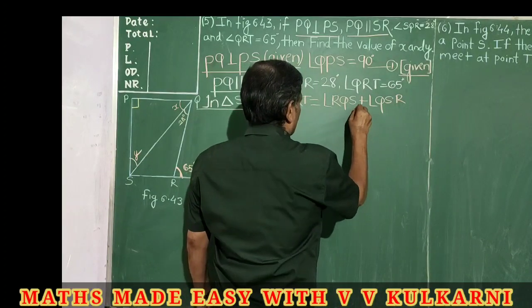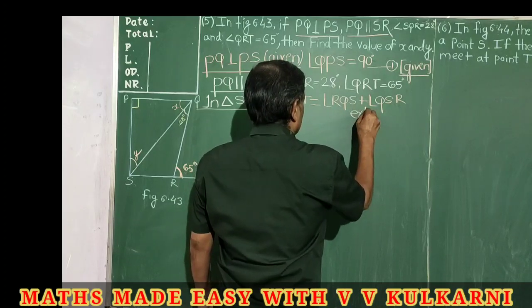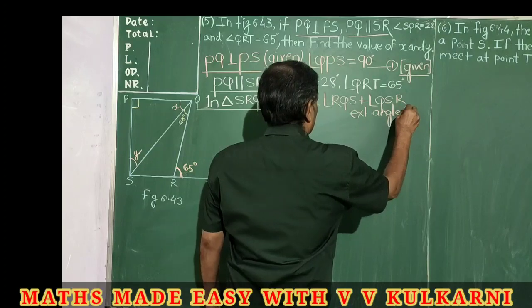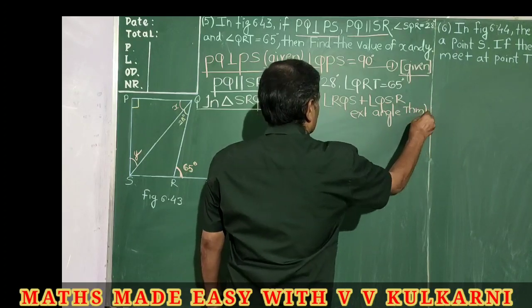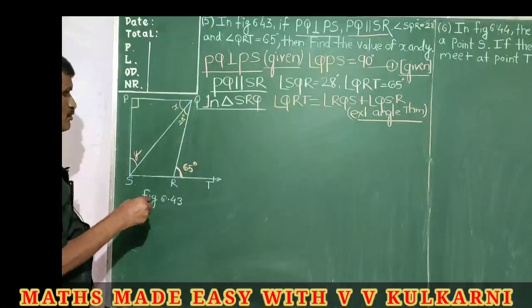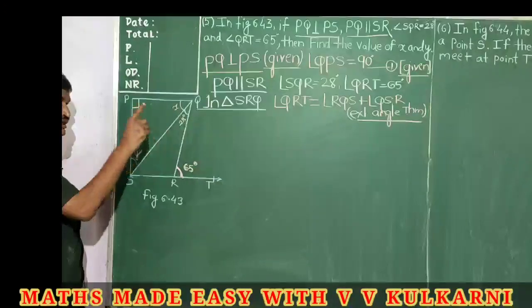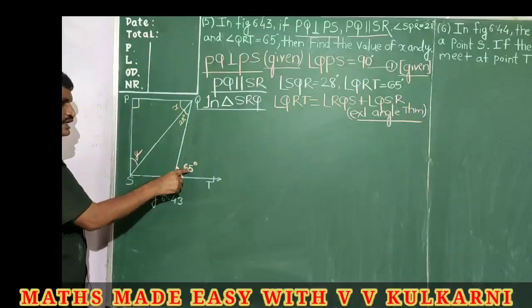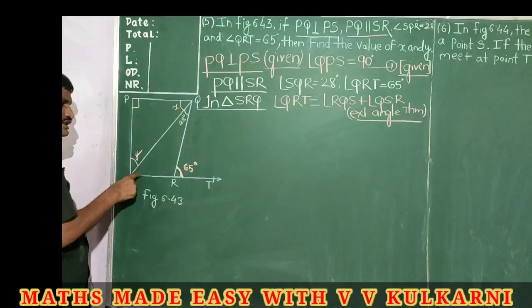So this is from exterior angle theorem. It is mandatory that you must write this reason. From where it has come? We are using exterior angle theorem. I repeat again, in triangle SRQ, this angle is equal to this angle plus this angle.